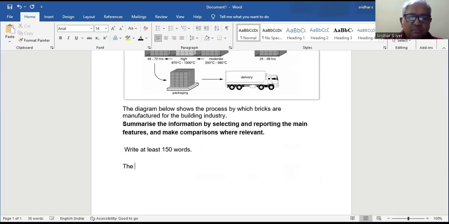The process chart illustrates seven stages that are involved in brick manufacturing.